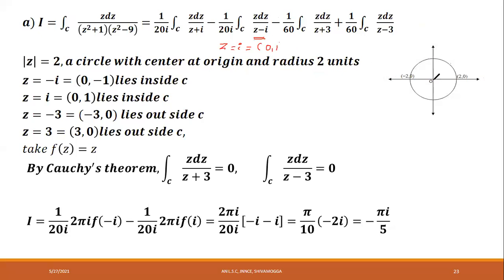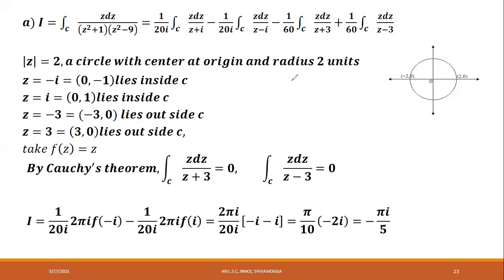This is (0, 0) and this is (0, 2). Therefore, (0, 1) is the midpoint of this line segment and lies inside C. For this integral, the point of discontinuity lies inside C, at which the function is not differentiable.